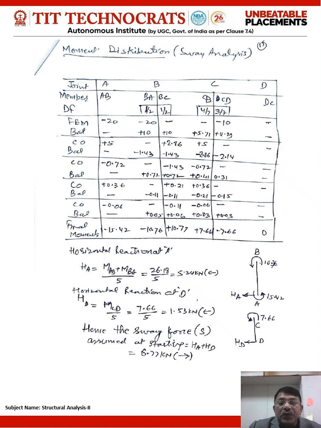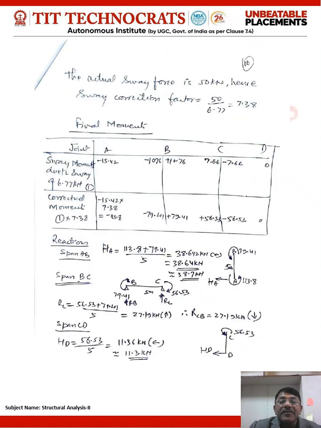So the total force which is causing these reactions in the frame would be the summation of these two reactions, because they were acting from right to left. So the sway force acting from left to right is 6.77 kilonewton, which is causing the generation of the reactions at A and D in the horizontal direction of magnitude 5.24 and 1.53 kilonewton respectively.